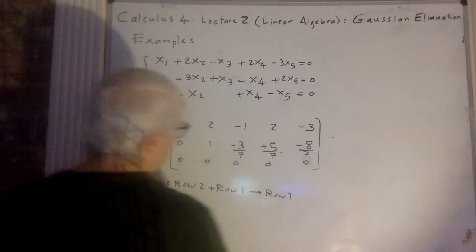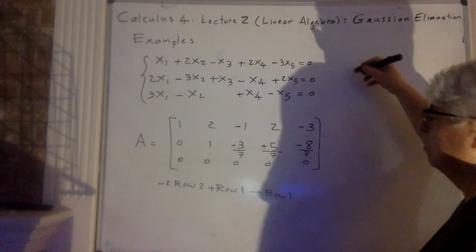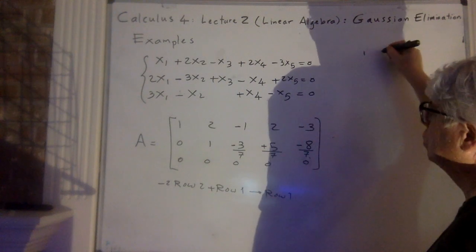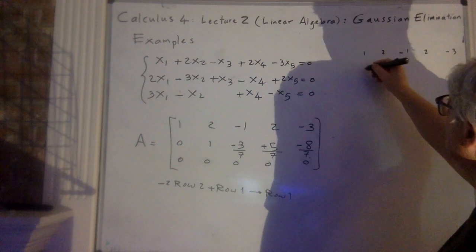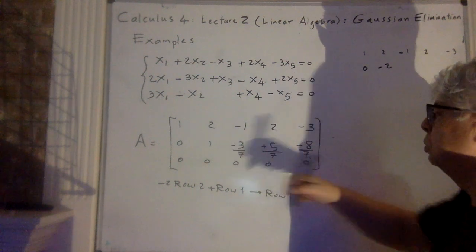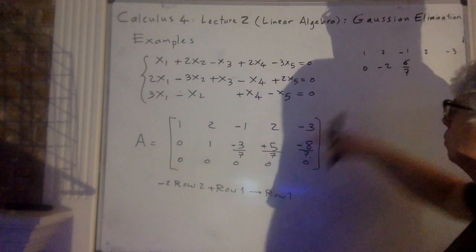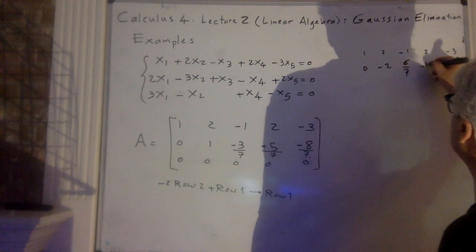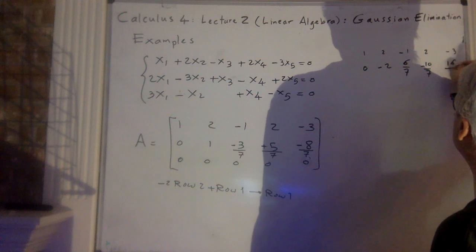Oh, row number 1, let me see, let me write that here. I have 1, 2, negative 1, 2, negative 3, and I have 0, minus 2, and the minus 2 times this is 6 over 7, minus 2 times this is minus 10 over 7, and that is 16 over 7, right?